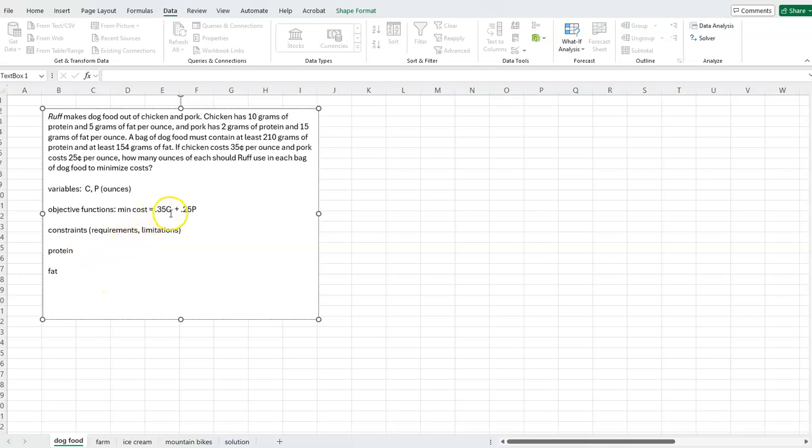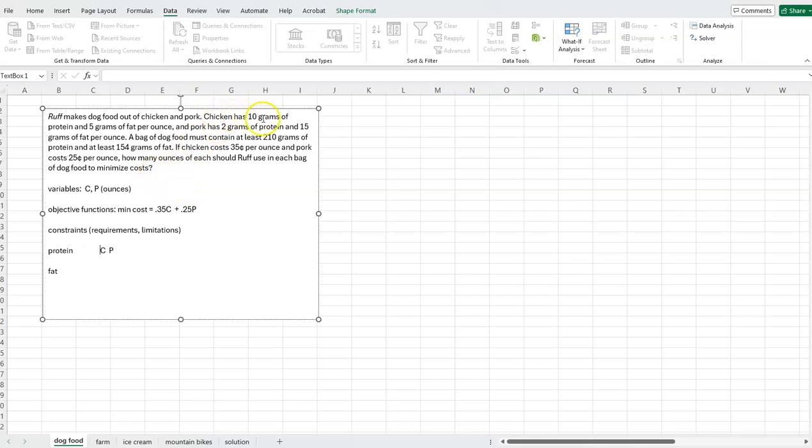Now, just like the objective function, figure that these are likely to have both variables again, the C and the P. And what we want to do is see if we can find the coefficients for C and P. Now, the coefficients will be found by seeing, does chicken contain protein? Does pork contain protein? If so, what are those values?